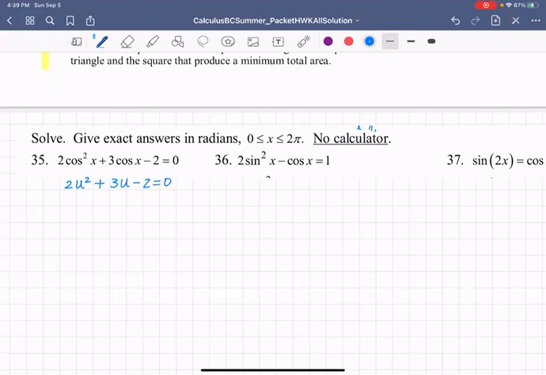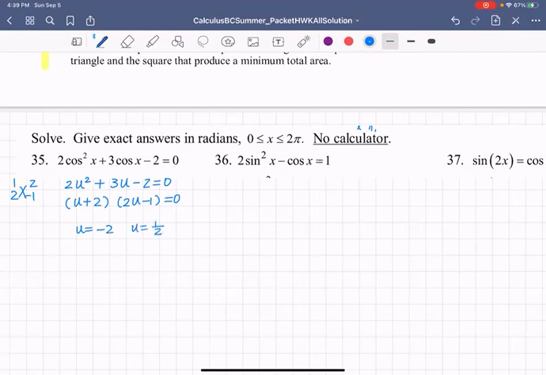And then it's going to expand to 2u squared plus 4u minus u, and then minus 2. Like this, right? Yeah. So u equals? -2 and 1/2.